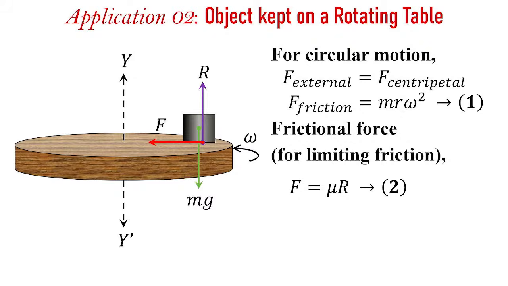That is the limiting condition of the friction. So if it is limiting, we can write mu R. Other than that, R equals mg. In all horizontal circular motions, upward force equals downward force.